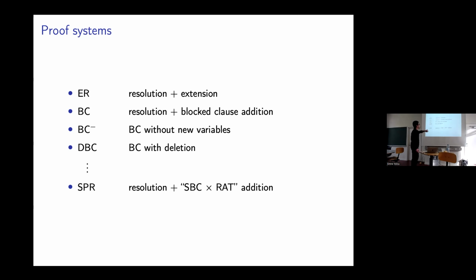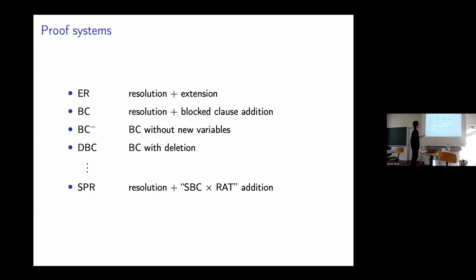The interesting part about those systems is, extended resolution is okay, it's a strong system, but its definition only makes sense if you are allowing new variables to be introduced by the rules of the system. These systems both generalize extended resolution and also make sense if you take away that freedom of having new variables.